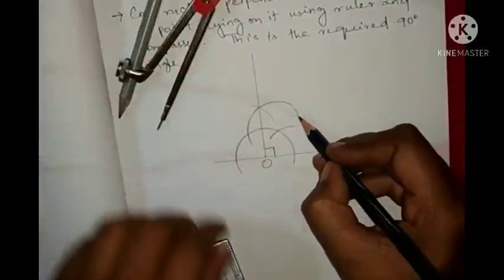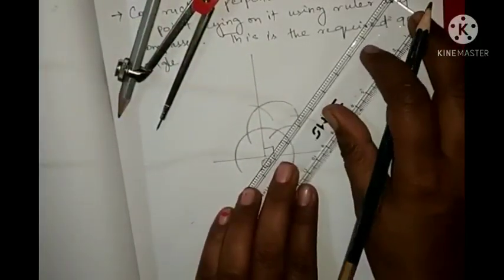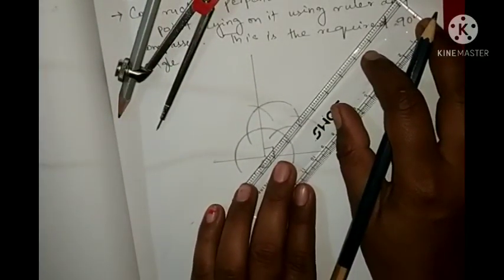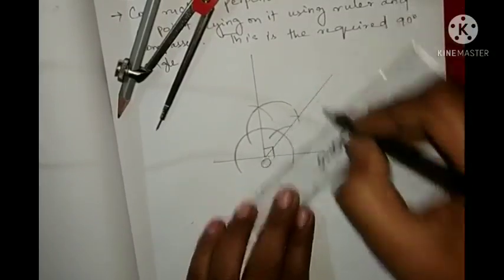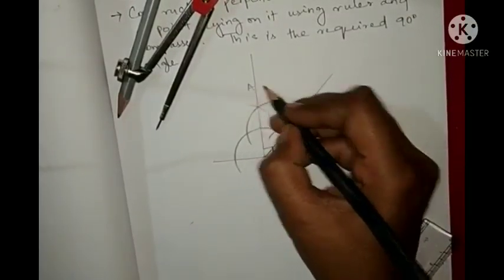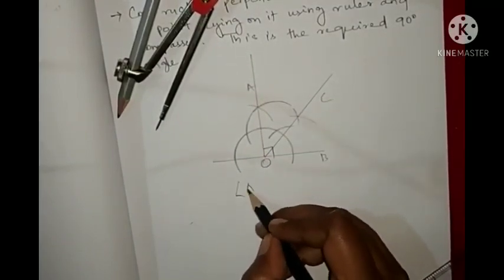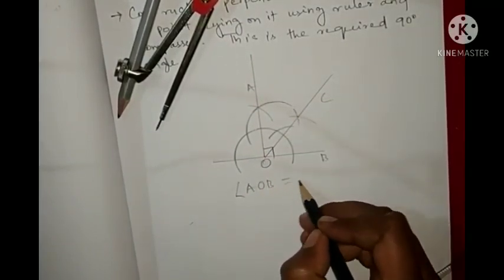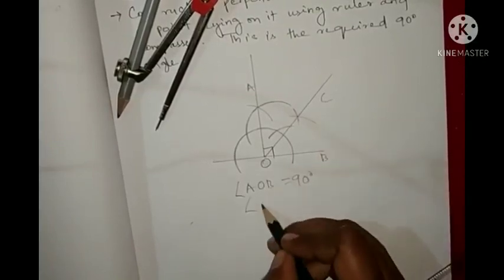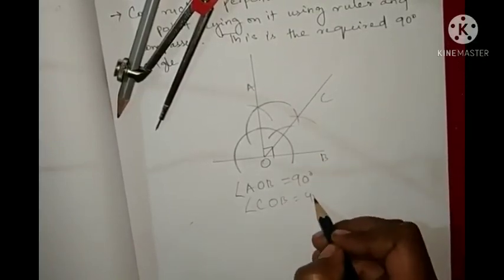When you join this, it will be 45 degree. If I am naming it A, B, C, then angle AOB equal to 90 degree and angle COB equal to 45 degree.